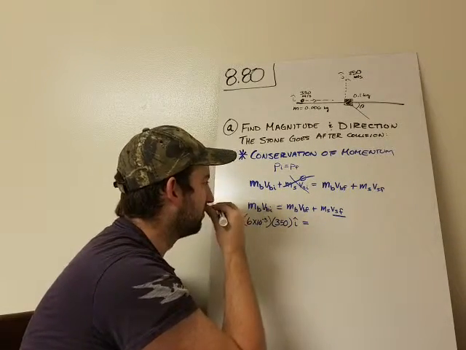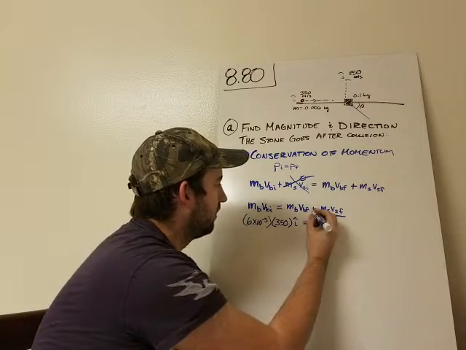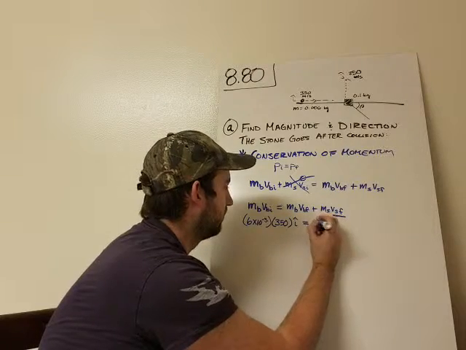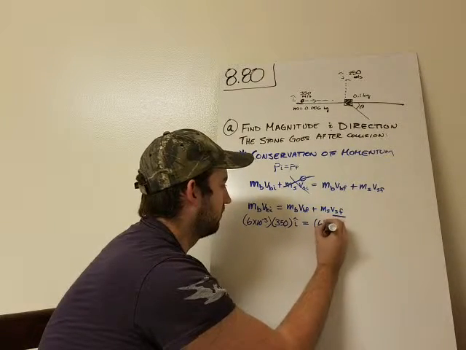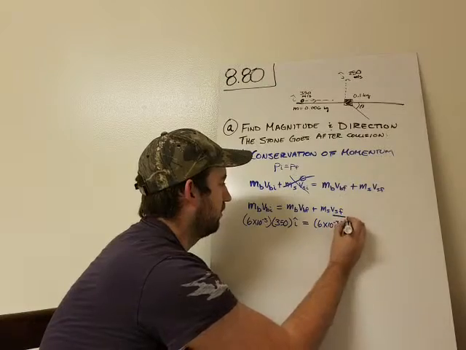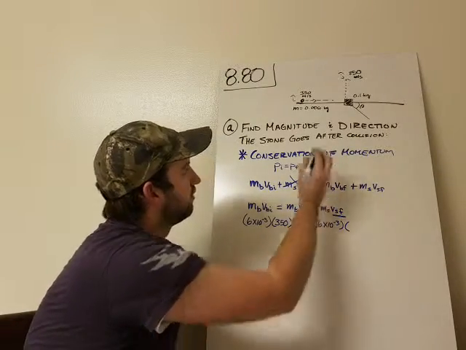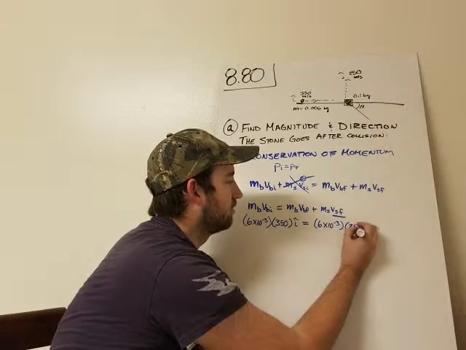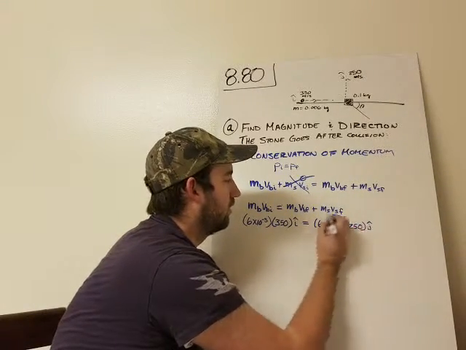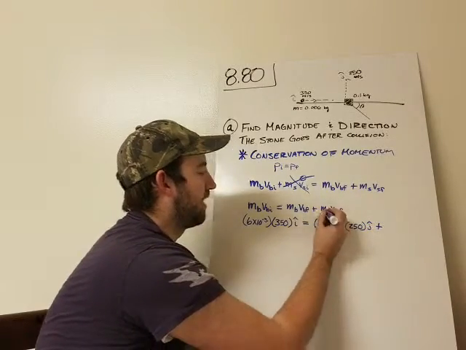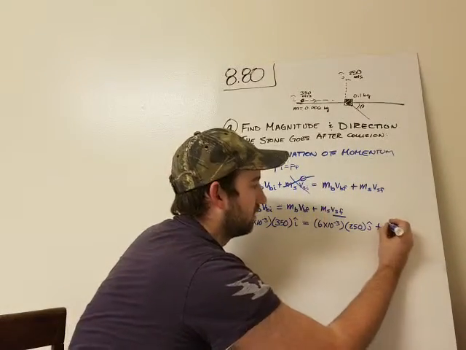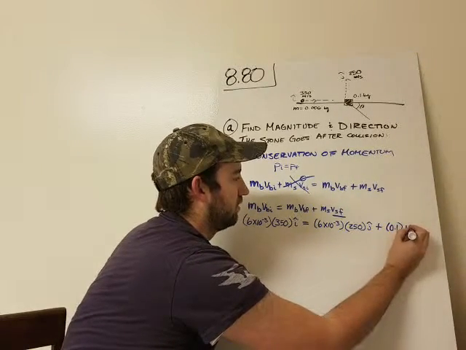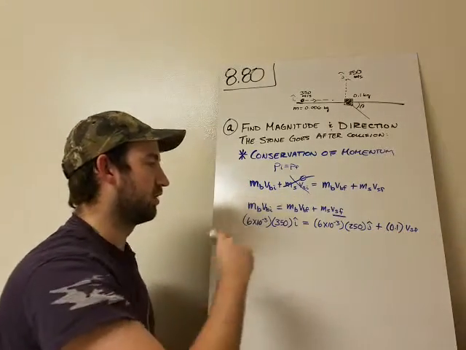Then it's going to equal the mass of the bullet, which is 6 times 10 to the negative third, times the final velocity of the bullet, which is 250 meters per second in the j direction, plus the mass of the stone, which is 0.1 kilograms, times v_sf, which is what we're looking for.